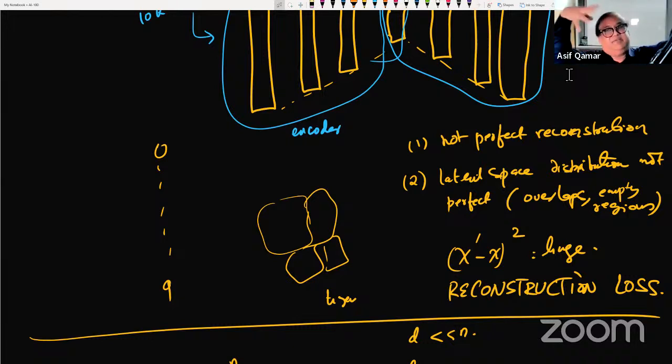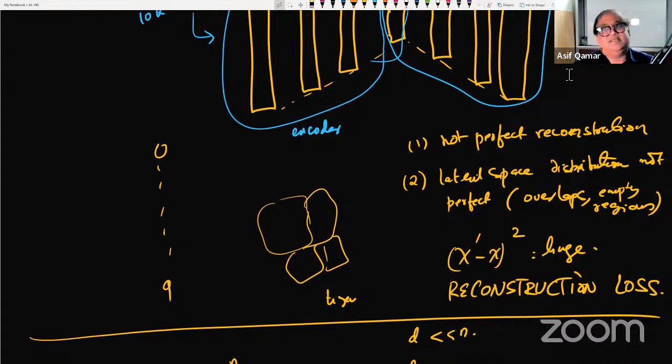Keep it dense, keep everything nearby, and make sure that all of the separate classes are well-formed clusters, and there are no gaps in them. If I could force it to do that, then I get a big property. I can be confident in my generative ability.